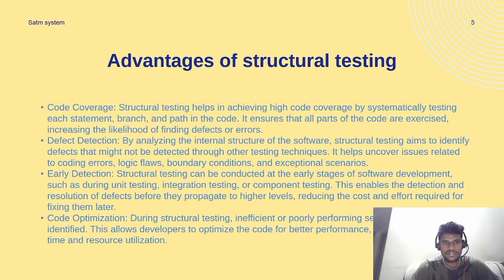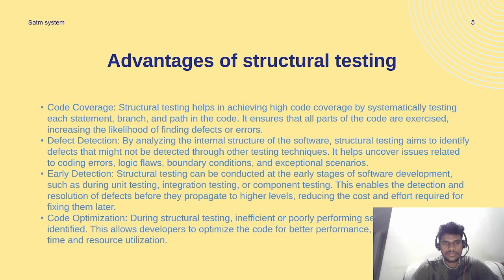Defect detection. By analyzing the internal structure of software, structural testing aims to identify defects that might not be detected through other testing techniques. It helps uncover issues related to coding errors, logic flaws, boundary conditions, and exceptional scenarios.